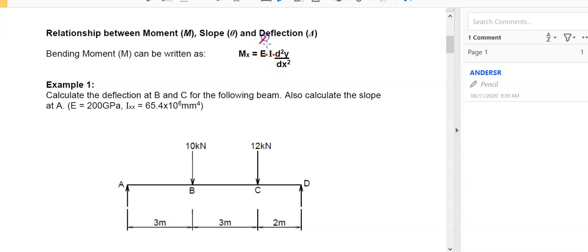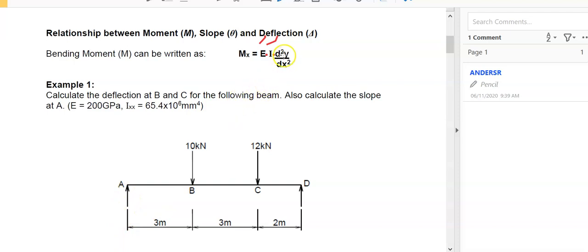So that's a known value, and this here is the second derivative, as you know from your maths, d2y by dx squared, where y is the vertical drop or the displacement in the beam, and x is the distance from the end of the beam running along the length of the beam. So y is the vertical drop of the beam in deflection, and x is the distance from A to D in this particular beam, where A is called the origin.